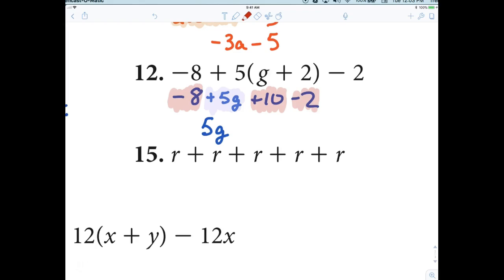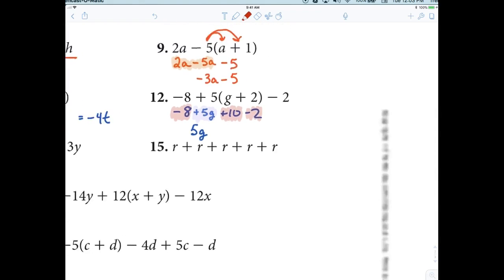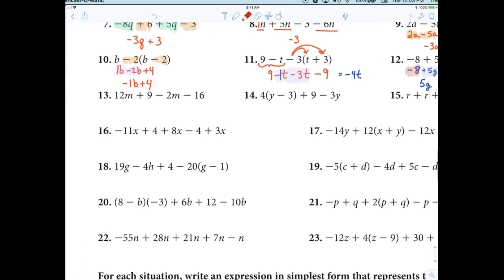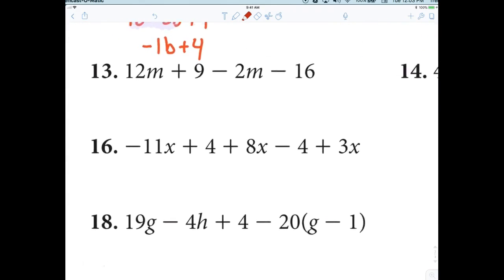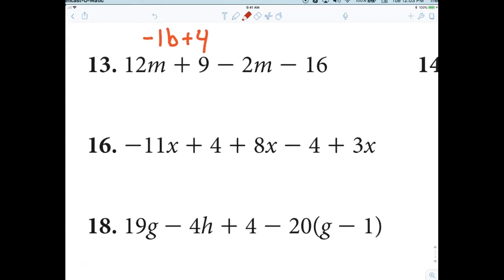Anybody have any questions? Colin, you were going to help me with 13. Do I have to do the distributive property on this problem? No. So what do I have to combine? You have to combine 12M and 2M. 12M and what kind of M? -2M. And that is 10M.